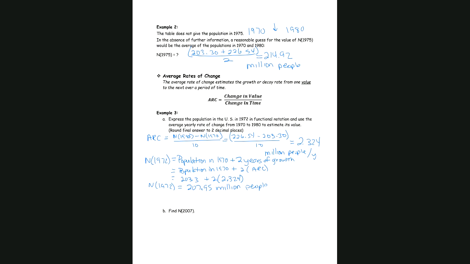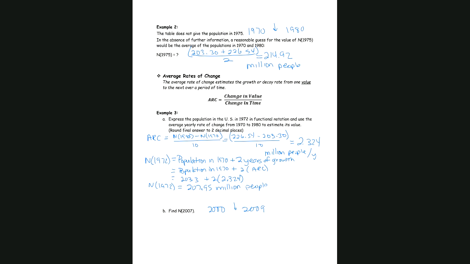Now let's do the same thing for 2007. We know that 2007 is between 2000 and 2009. The difference in years is 9 years this time.